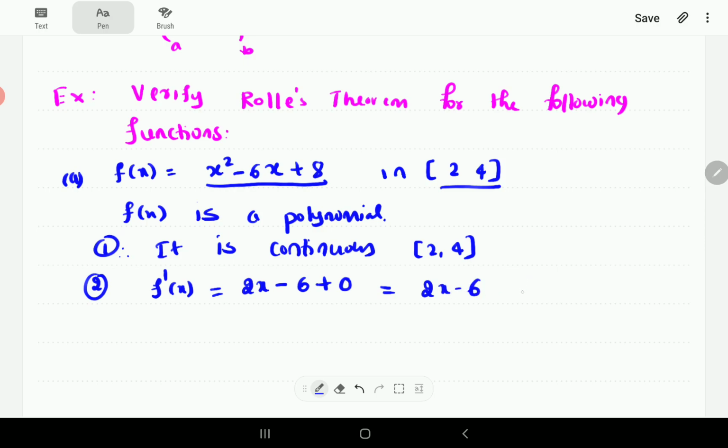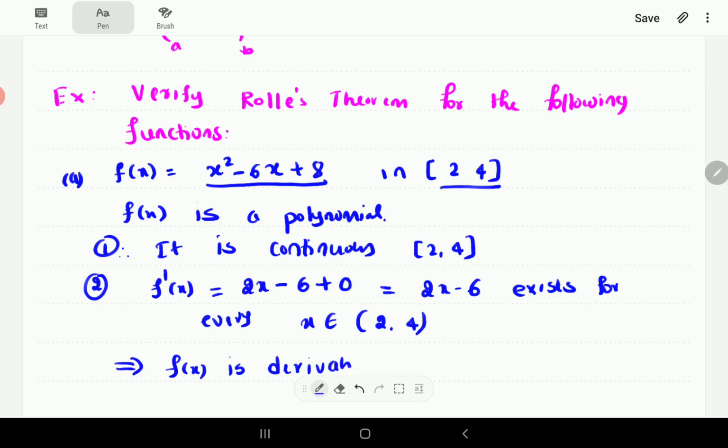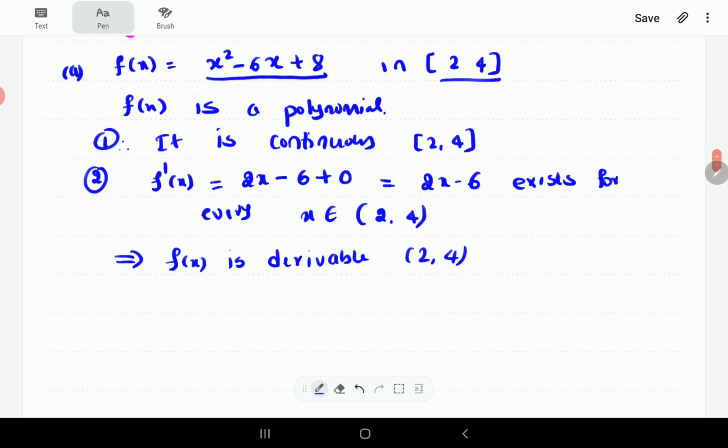This exists for every x belonging to the open interval (2, 4). So the derivative exists for every x in (2, 4). This implies f of x is derivable in the open interval (2, 4). So both conditions are satisfied.